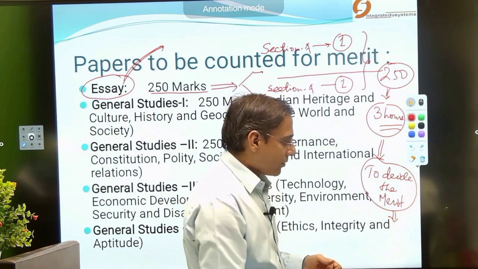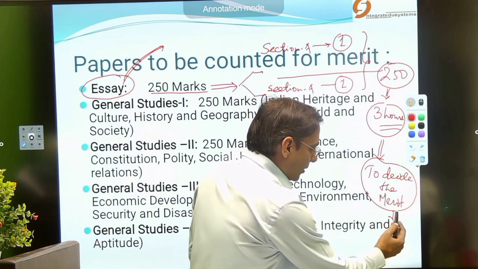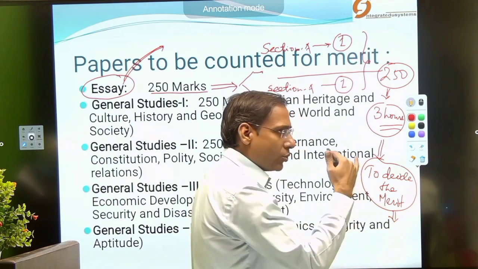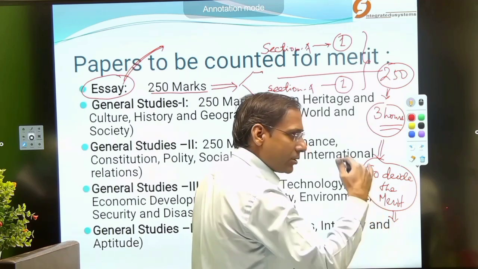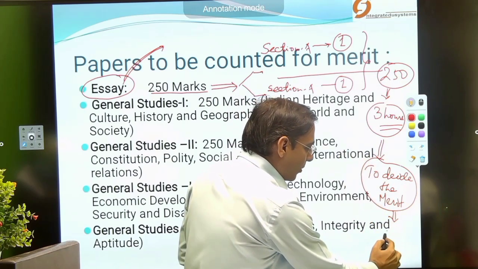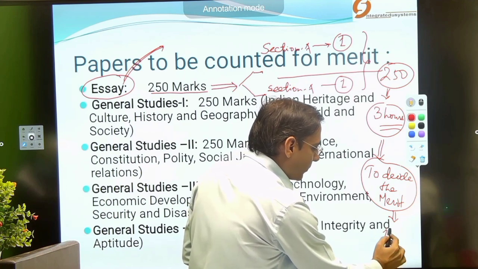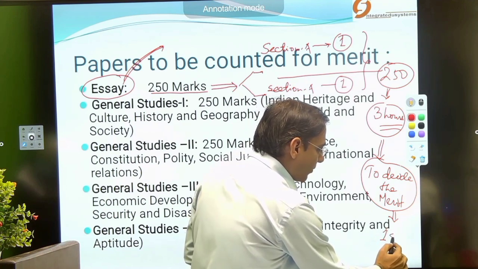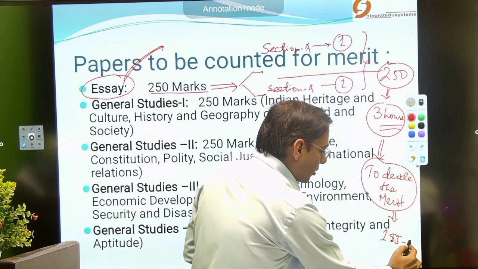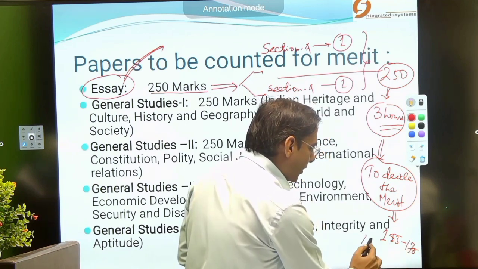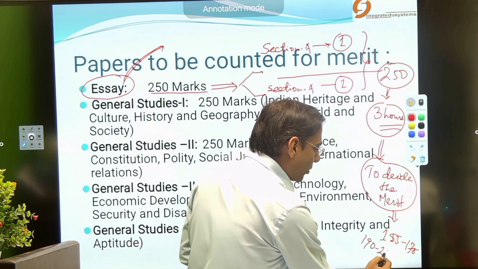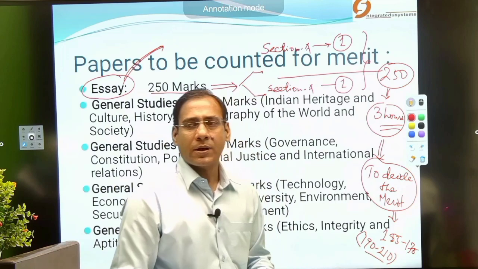My personal observation is that the candidates who have good ranks and are at the top of the merit list have marks fluctuating between 155 and 175. More than 190 to 210 or 220 is excellent marks, which is rarely achieved by a candidate.